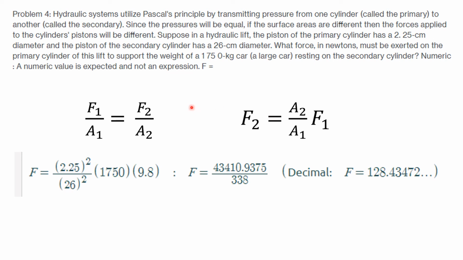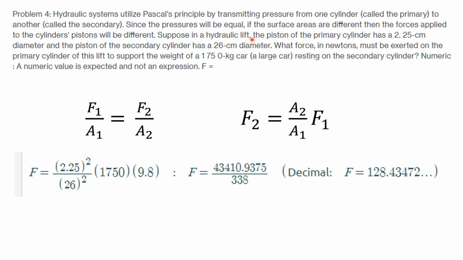So here's a problem. I'm repeating some things, I'm just reading the problem. Hydraulic systems utilize Pascal's principle by transmitting pressure from one cylinder, called the primary, that's where you're pushing down, to another called the secondary. This is the one that's lifting the car. Since the pressure will be equal, if the surface areas are different, then the forces applied in the pistons will also be different.